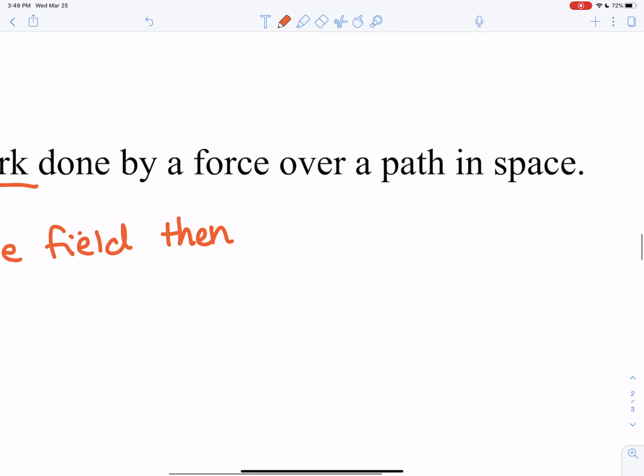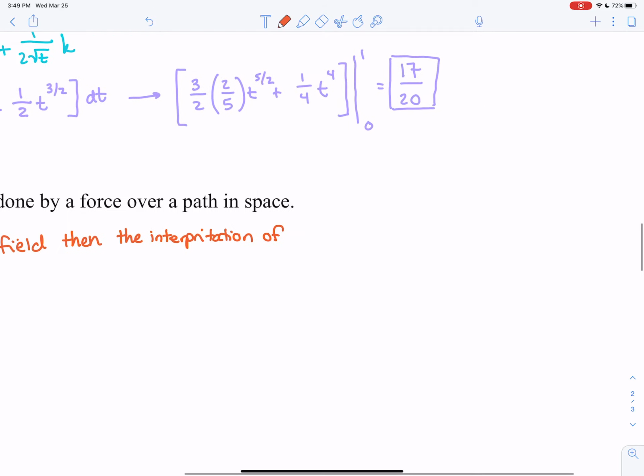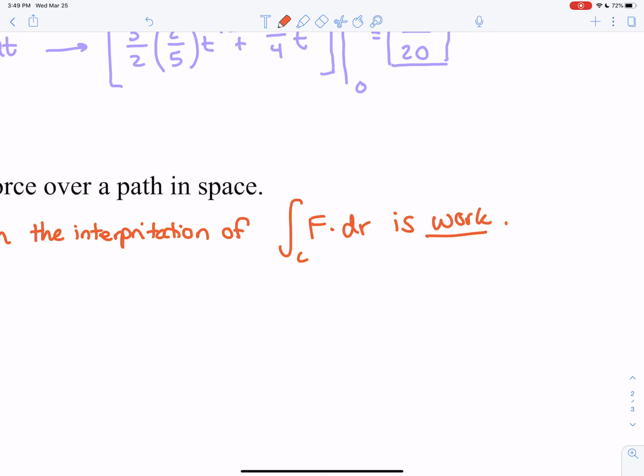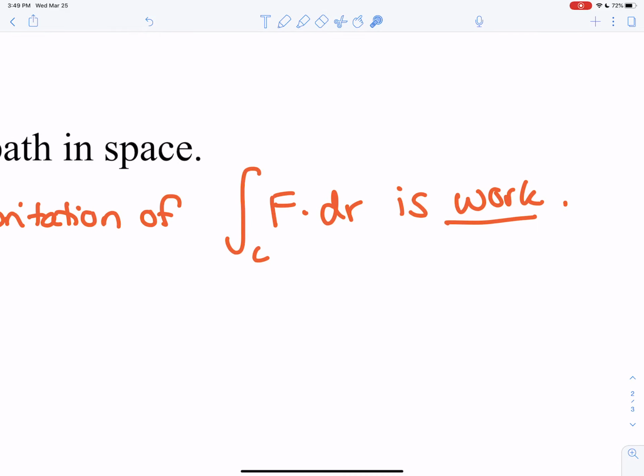Then the interpretation of this is work. Because you're adding up how much of your direction of motion is in the direction of force.